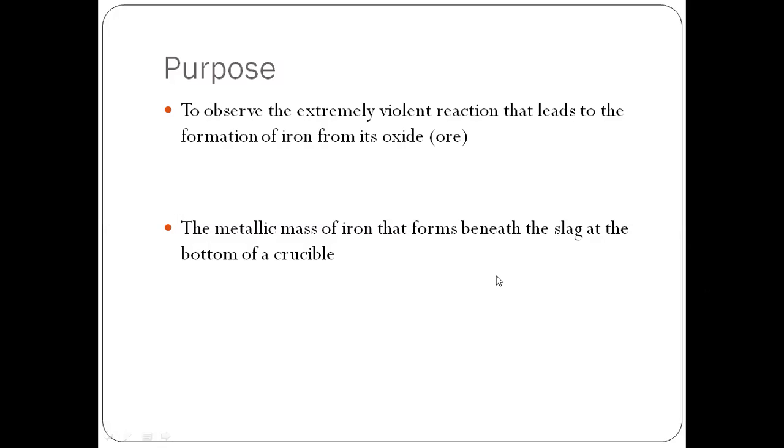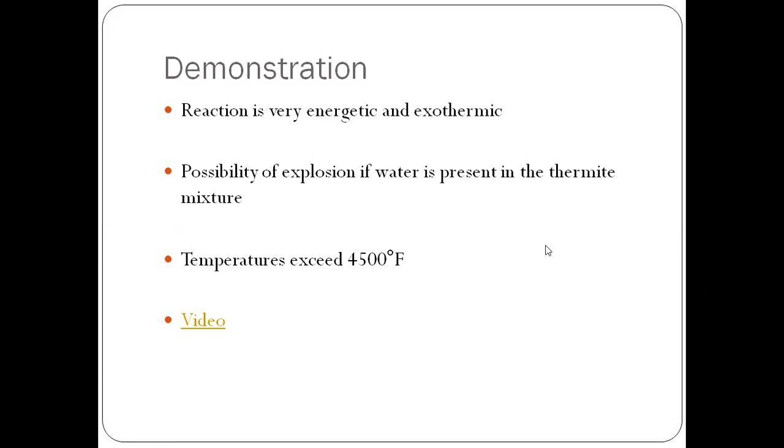Basically, the purpose of thermit welding is to observe the extremely violent reaction that leads to the formation of iron from its oxide, like from the iron oxide we get iron. Now what happens? The metallic mass of iron forms beneath the slag at the bottom of the crucible. We'll see a video here which will help you understand.